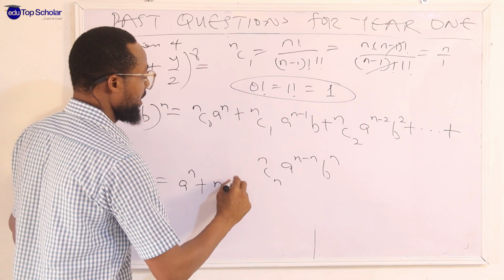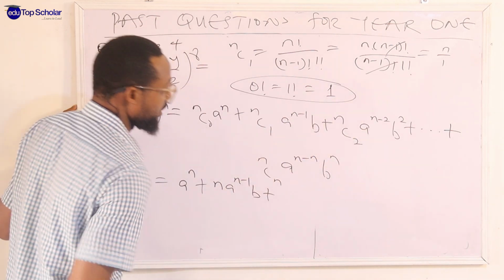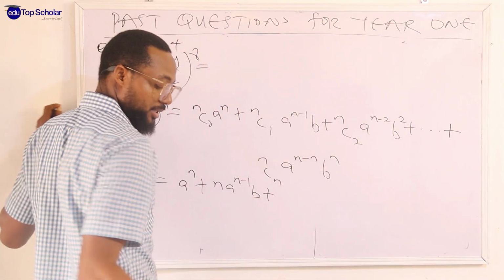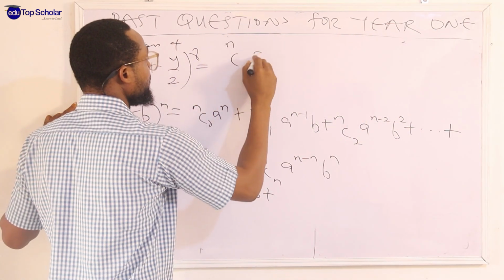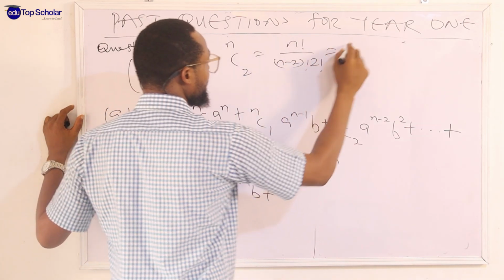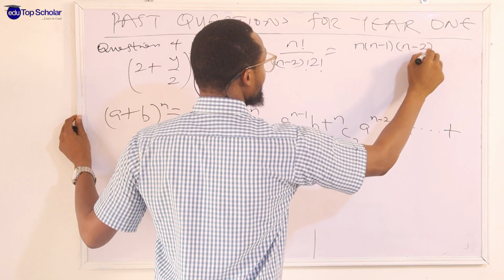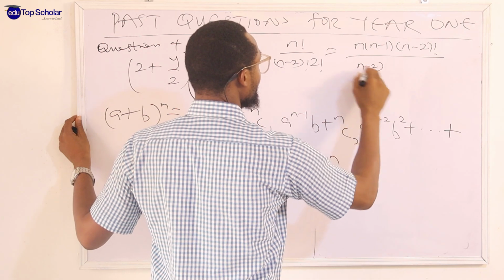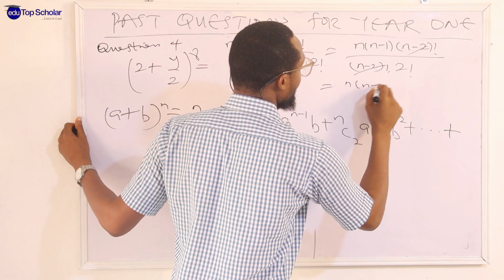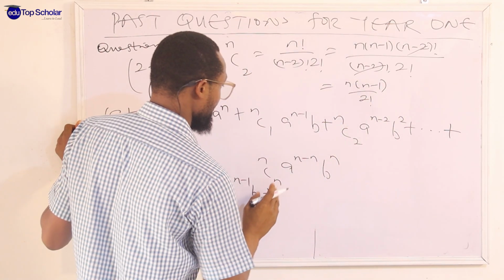Now, the next term here: for n combination 1, we have n, so we have n multiplied by a raised to power n minus 1, b. Now we want to get the next term, which is n combination 2. That is n factorial over n minus 2 factorial 2 factorial. This will be n into n minus 1, n minus 2 factorial over n minus 2 factorial 2 factorial, and this gives us n into n minus 1 over 2 factorial.